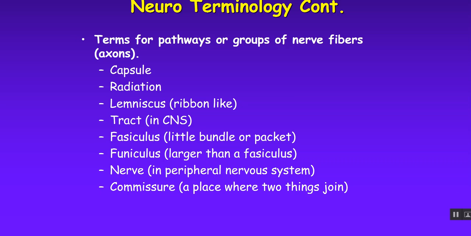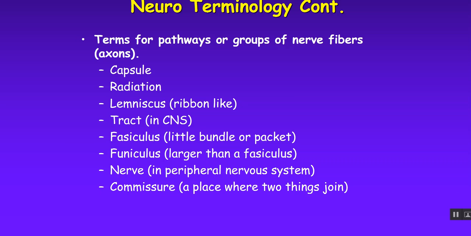Still on terminology here, okay? If you hear any of these terms tacked on to the end of a structure's name, all you're thinking is that they're talking about some kind of pathway or group of nerve fibers or axons, either running in that structure or beneath that structure. When we get to some of the surface anatomy, we'll talk about some of these, and it'll be just a group of axons running below that because it says it's a fasciculus.